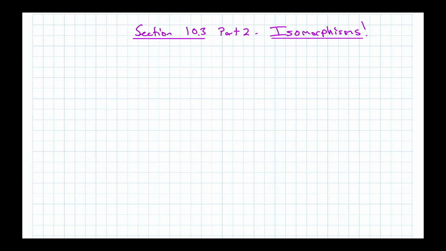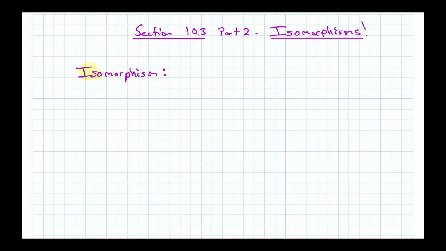So, what is it? The idea behind isomorphism is this. Isomorphism. Words are hard. So, what's the idea? Just break the word apart, right? First, you've got iso. What's iso mean? It means the same, right?